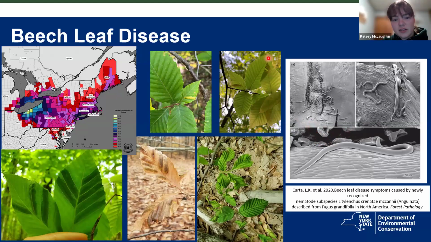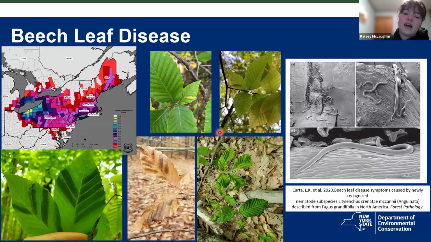And these two pictures here in the center are the beech leaf disease that I found in Schenectady County. I found it this past year. We were at Sanders Preserve looking at oaks, actually, looking at oak decline.